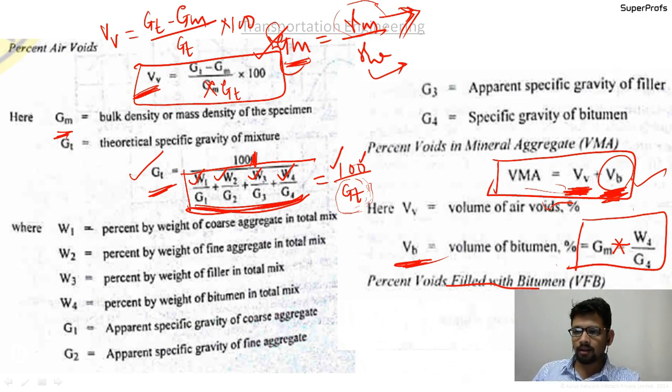That is VMA, the voids in mineral aggregates. VFB, the percentage voids filled with bitumen, is given by this formula: VFB equal to 100 VB upon VMA. These terms might complicate you at this point of time, but once we take up a numerical example, it will be clear to you.